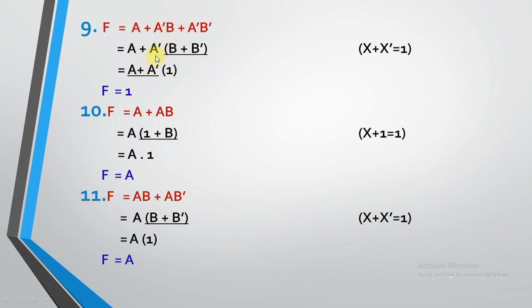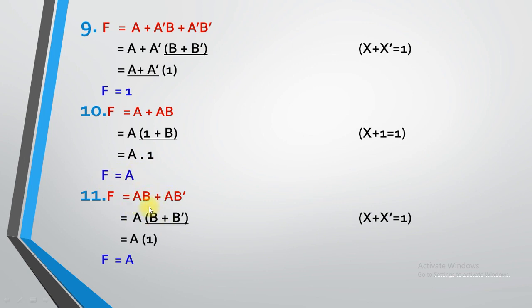A dash can be a common factor, so in the bracket B plus B dash can be replaced by 1. Again A plus A dash can be replaced by 1. In this particular term, you can keep A as a common factor, so 1 plus B is remaining. So A into 1 can be replaced by A.